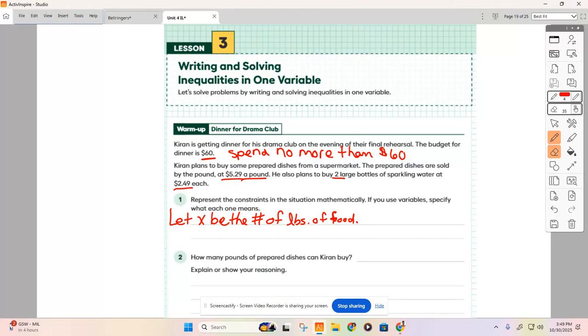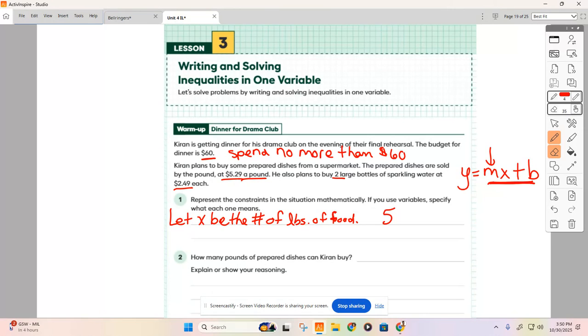Okay, so let's set up our inequality. All the things that we've been doing are linear equations and inequalities. So think of y equals mx plus b, okay? I'm gonna just work on this part right now. Anytime you're seeing the words per or each, that's our slope or rate of change, okay? It's $5.29 per pound.